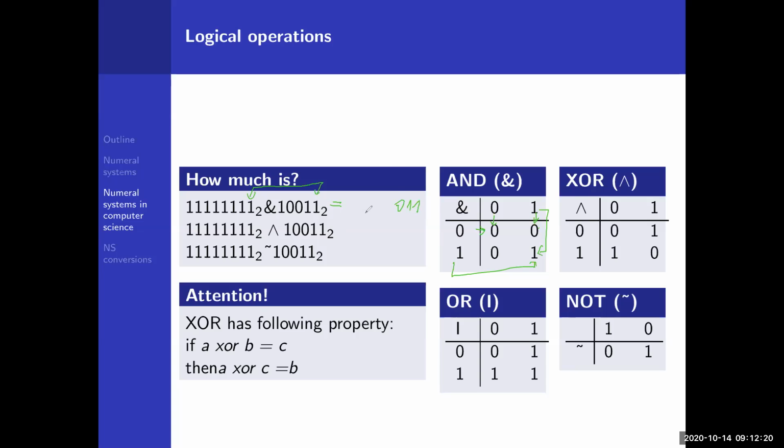And again, 0, 1, it gives 0. And 1, 1, it gives 1. Because this number is a little bit longer, I can add here any number of zeros preceding this value. So in fact, I get zeros here, so you can neglect them. We don't need to write leading zeros here.